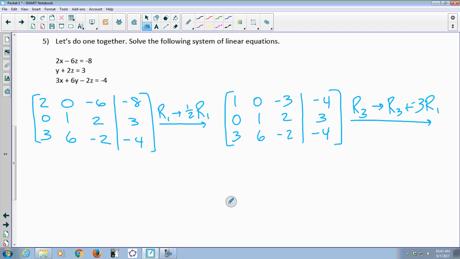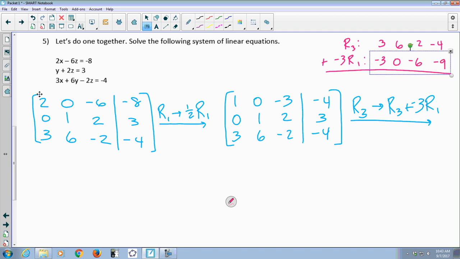Now, it can be really handy when you're first starting to do this algorithm to write out the step: row 3 plus -3 row 1. So row 3 is 3, 6, -2, -4. -3 row 1 is going to be -3, 0, -6, -9.